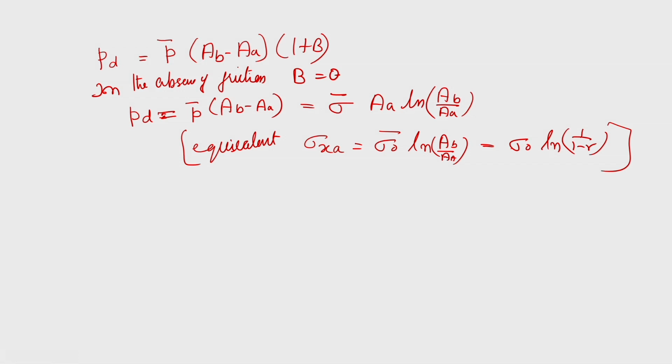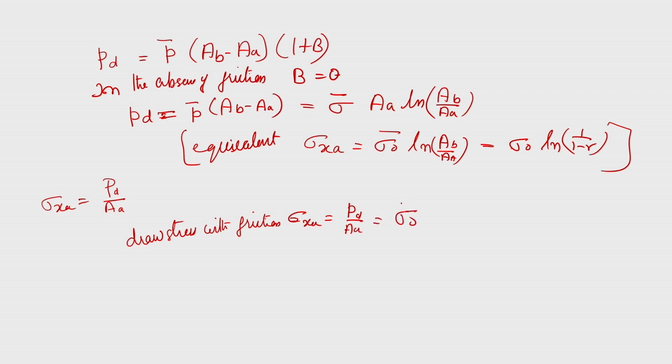And since your sigma x A is equal to your draw force divided by your area A A, we can write that the draw stress with the friction is sigma x A is equal to P d by A A, which is sigma 0 bar into log AB by A A into (1 plus B).